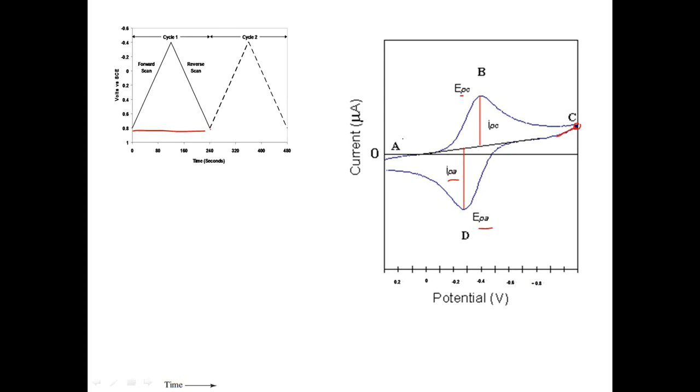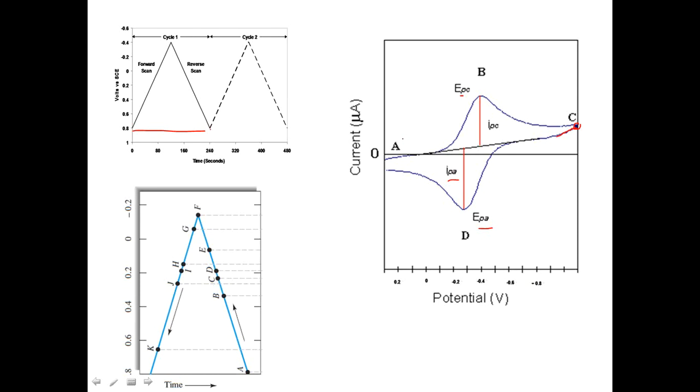This is an example of a sweep potential applied to the potassium ferricyanide to potassium ferrocyanide system. Here, potassium ferricyanide undergoes reduction to form potassium ferrocyanide by taking up one electron. The sweep potential applied is between plus 0.8 volts and minus 0.2 volts.